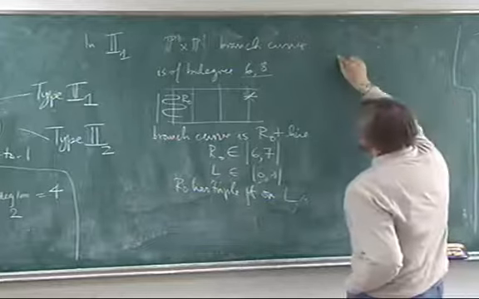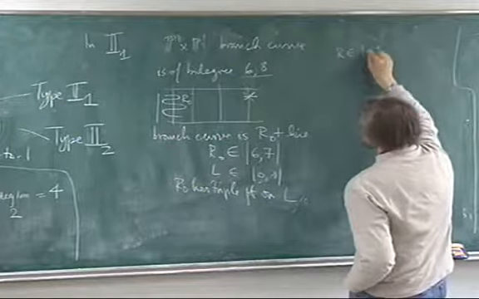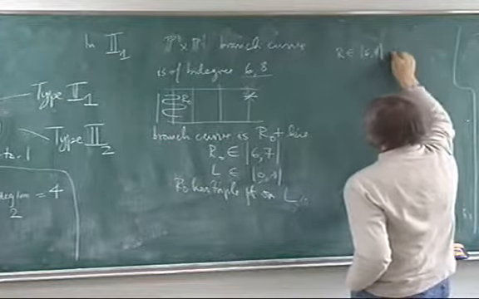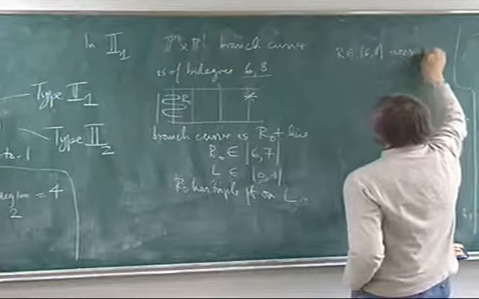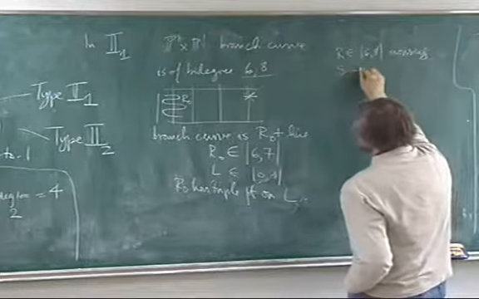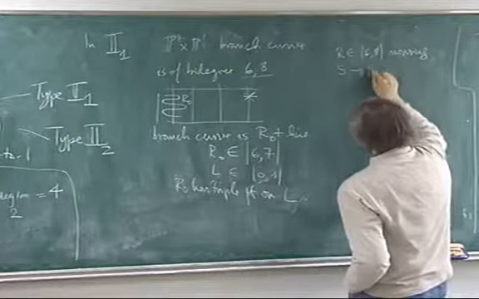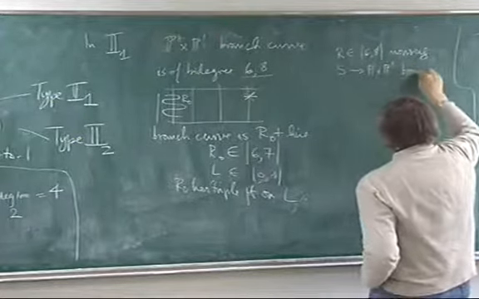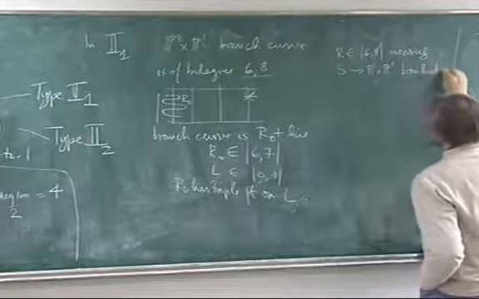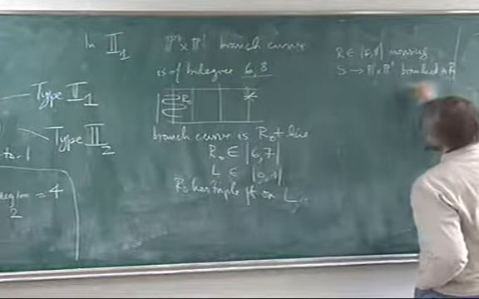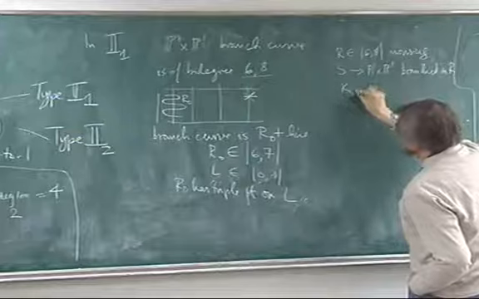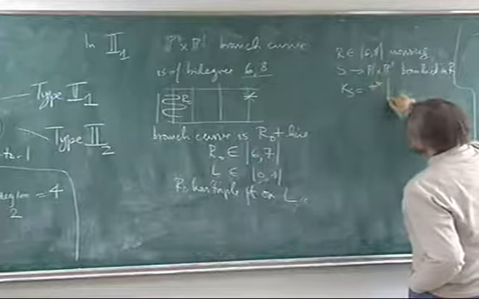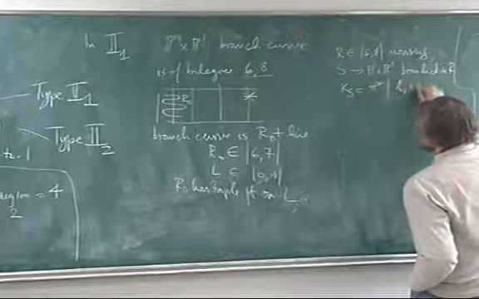So if I had R in 6, 8 non-singular, and then S to P1 cross P1 branched in this R, then KS would be pi upper star of H1 plus 2H2.